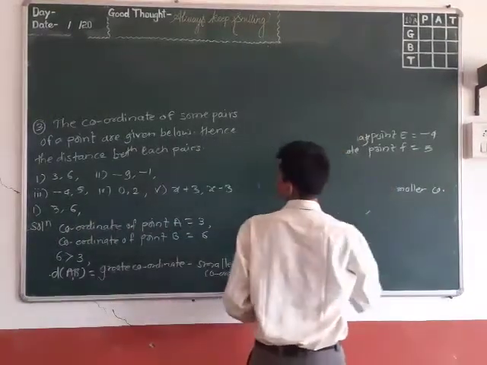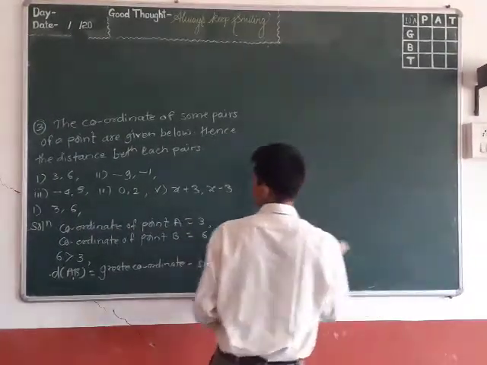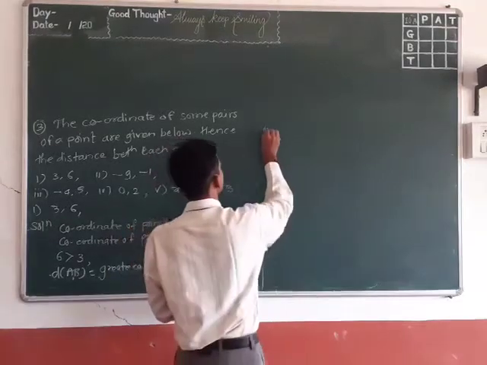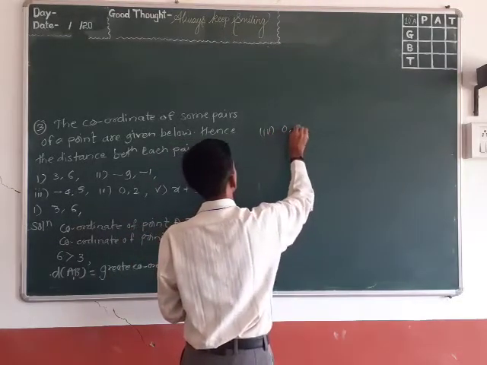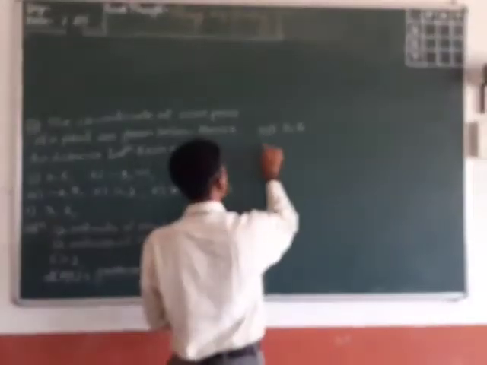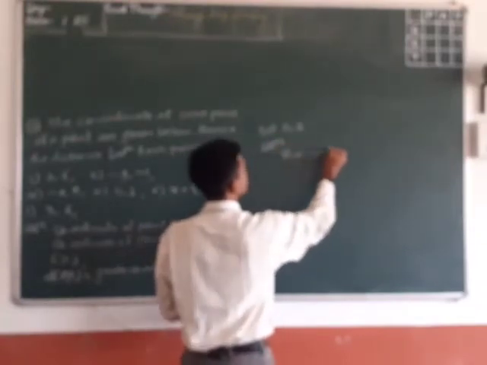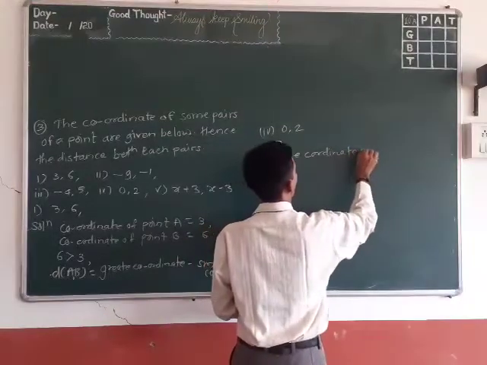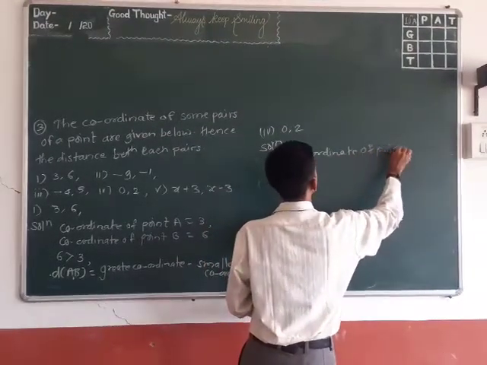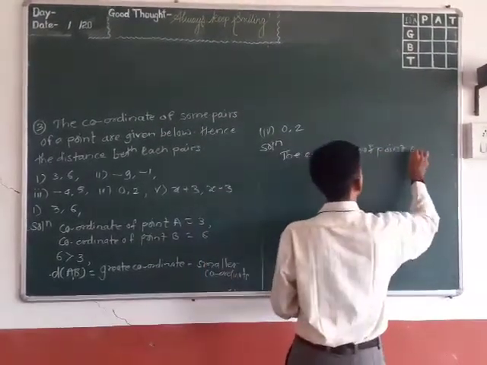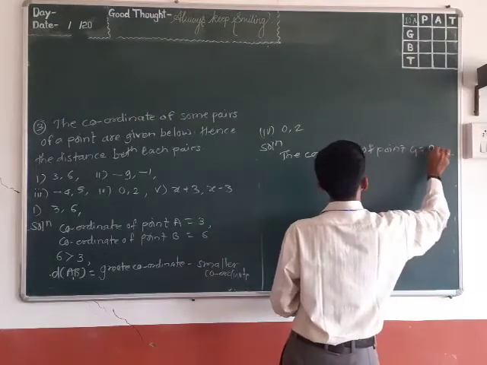Next, the fourth one is 0, 2. Solution: the coordinate of point G is equal to 0.